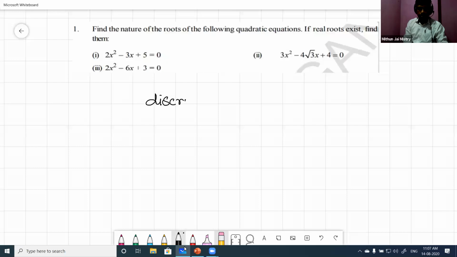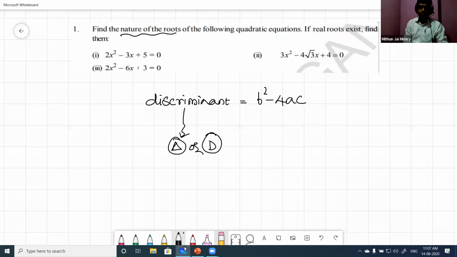It is denoted by either delta or capital D. Discriminant is equal to b square minus 4ac.